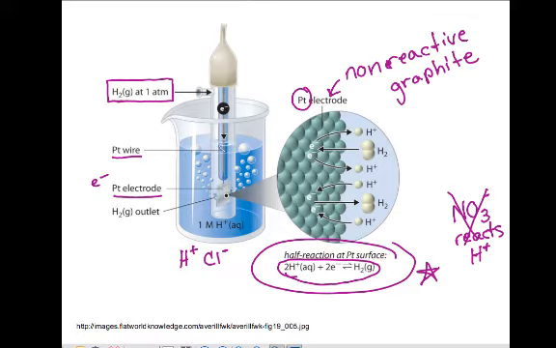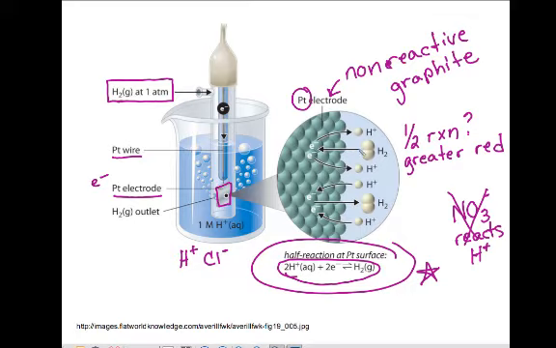So here's our platinum wire. Here's the platinum electrode, the surface. On this surface is where we're going to have our hydrogen gas, and depending on what our other half reaction is, if it has a greater tendency to reduce, that means our hydrogen has to be oxidized.